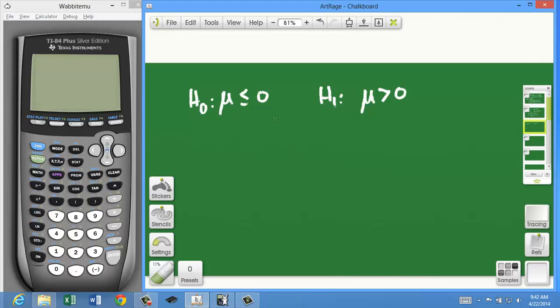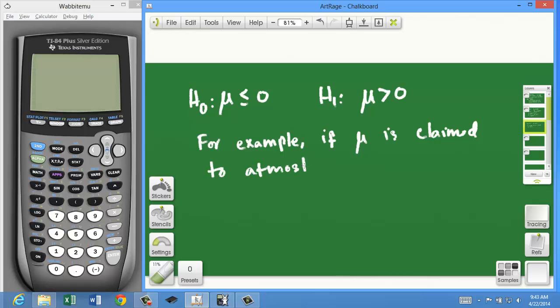Just by having this one hypothesis, I can verify two statements. For example, if someone presented a claim, if mu is claimed to be at most 0, in this problem the claim is represented by the null.